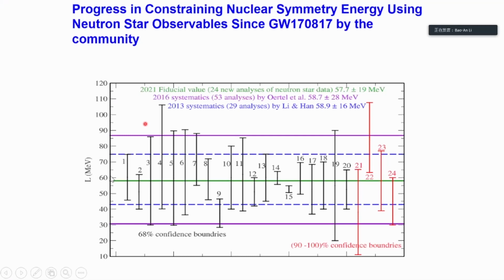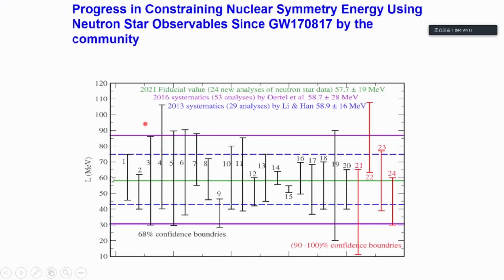Okay, so this shows you the latest information about what we know about the slope of symmetry energy. We have the earlier systematics from 2013 here, and the analysis from 2016.